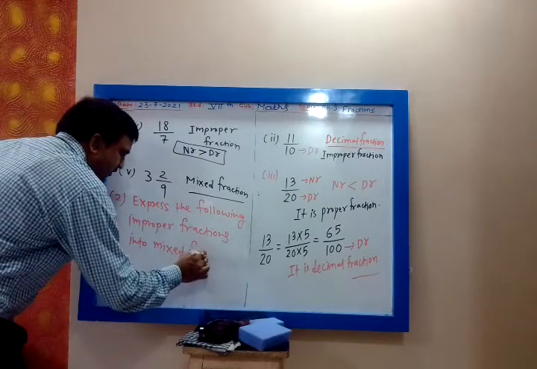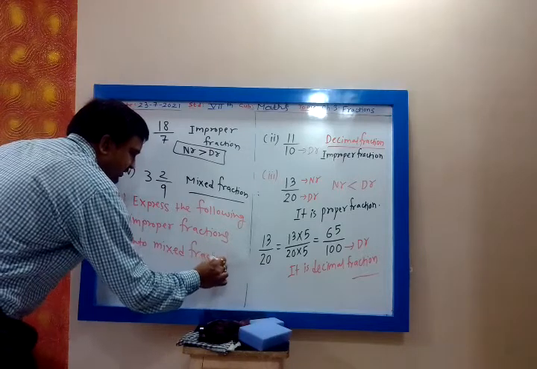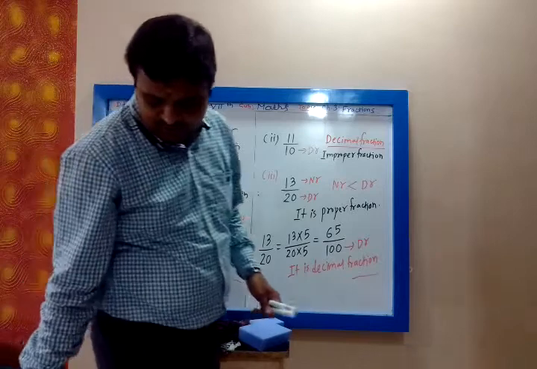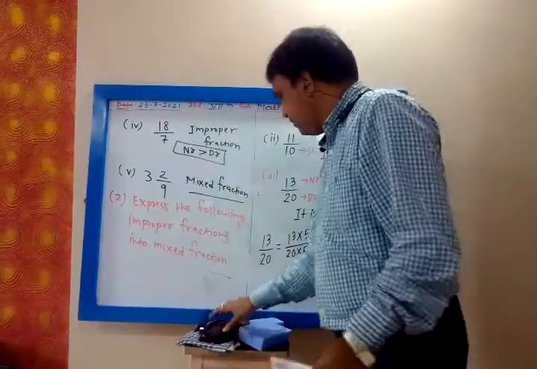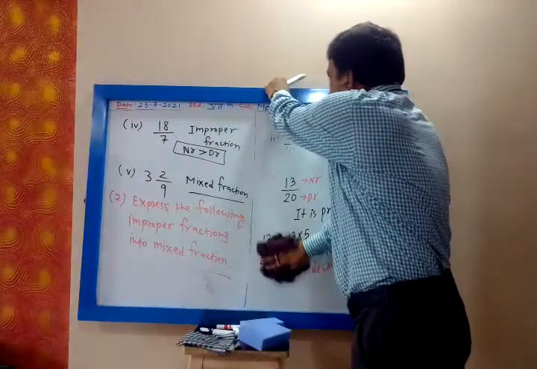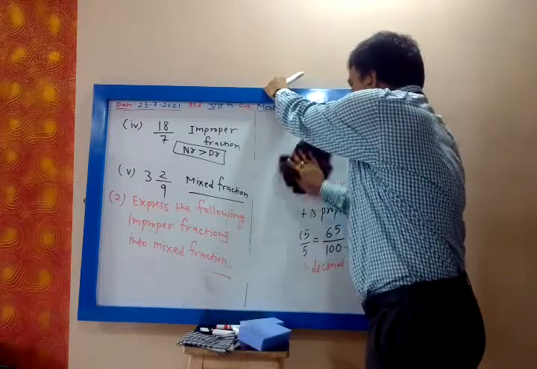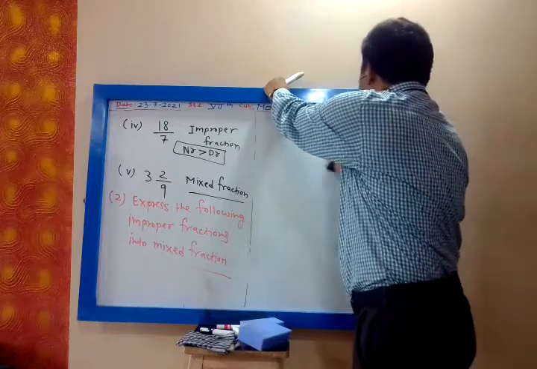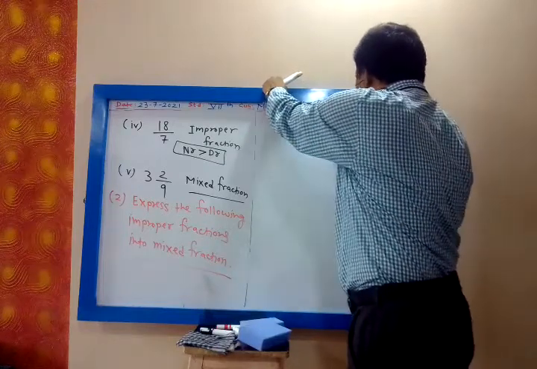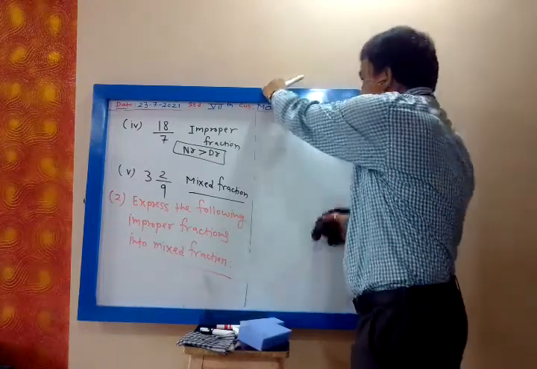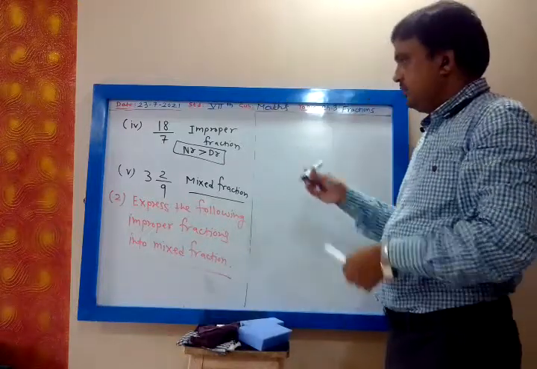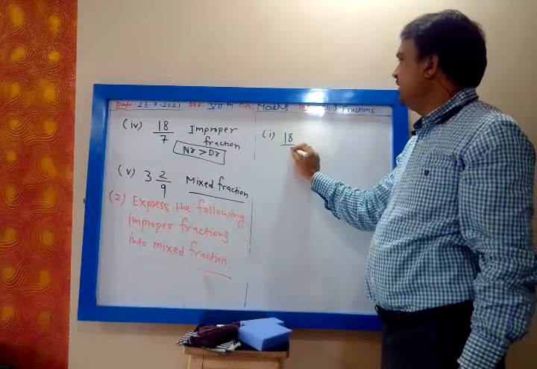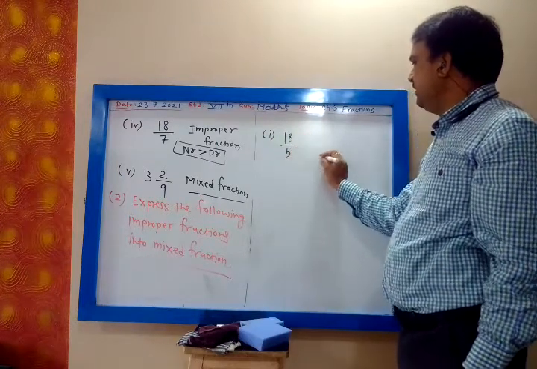To convert an improper fraction into a mixed fraction, we divide. So first it is 18 by 5.